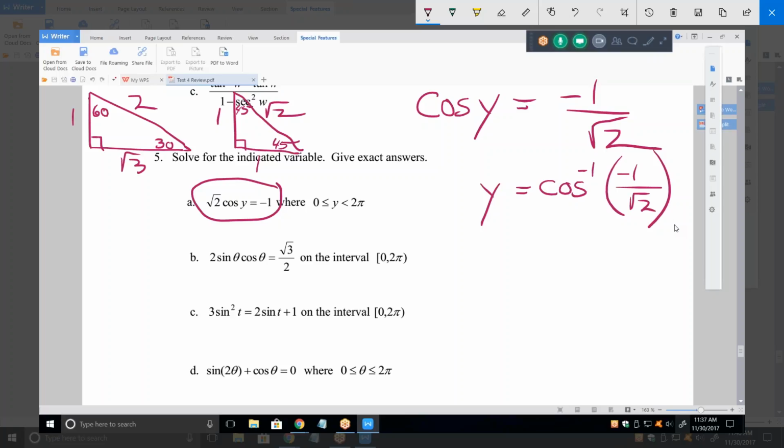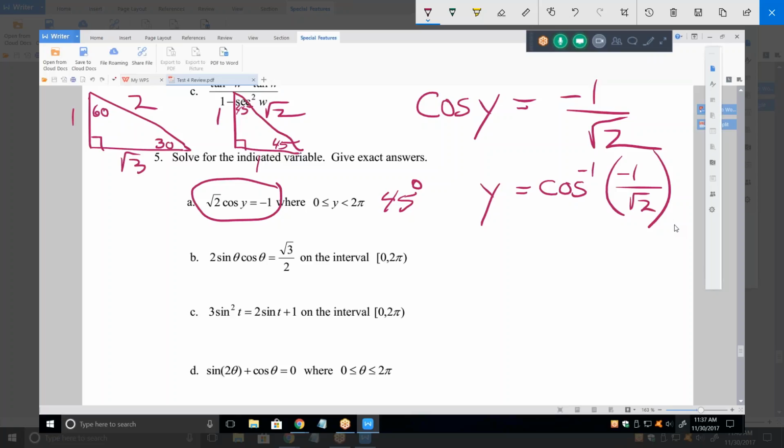So now let me ask again, what angle is the cosine equal to 1 over root 2? 45. Okay. However, that is negative 1 over root 2. So I got to find the two quadrants where cosine is negative. Where are they? The second and third. Okay.